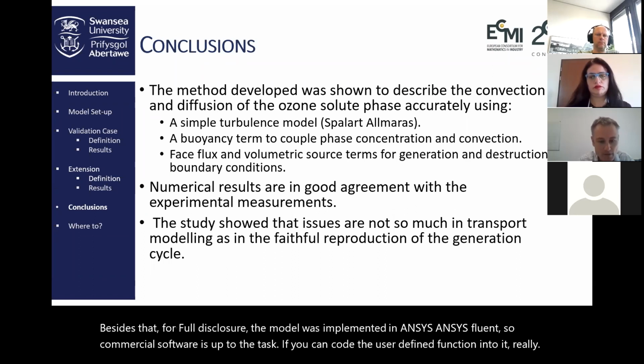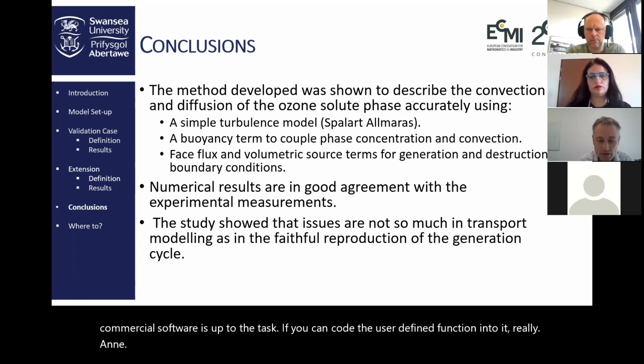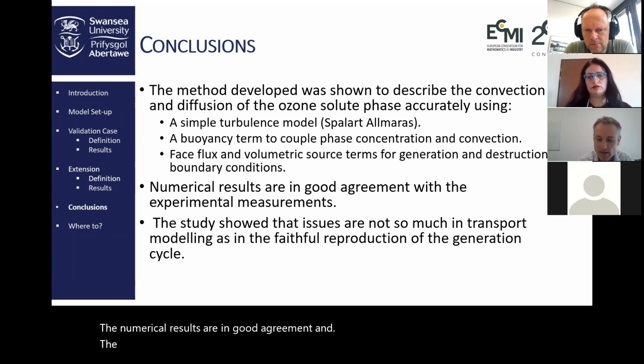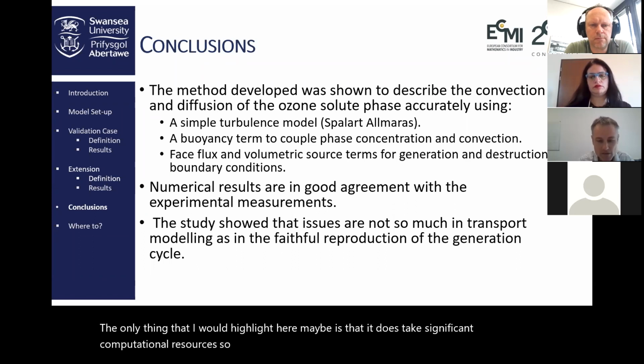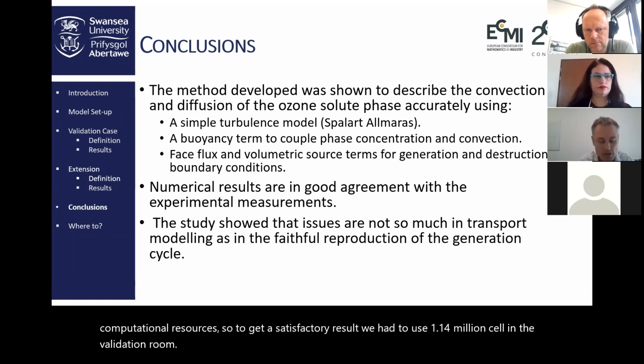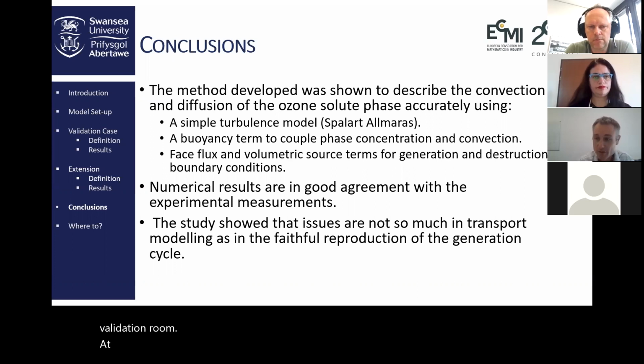The numerical results are in good agreement, and the only thing that I would highlight here maybe is that it does take significant computational resources. So to get a satisfactory result, we had to use 1.14 million cells in the validation room, which is a very significant number.